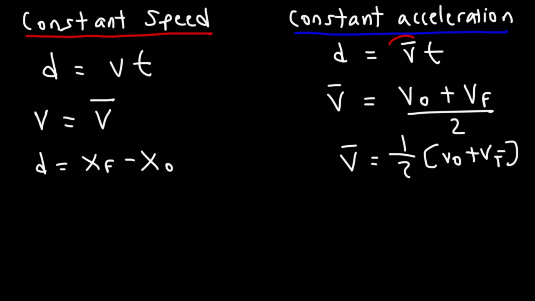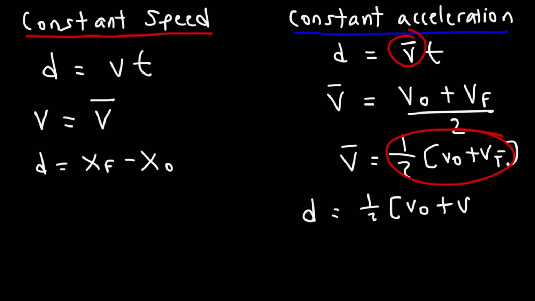So if we were to replace V bar with this expression, we would get the displacement is equal to 1/2 (V initial plus V final) times T. So remember, if you're using D as distance, then V initial is the initial speed, V final is the final speed. But if you're using D as displacement, V initial is your initial velocity, V final is your final velocity.